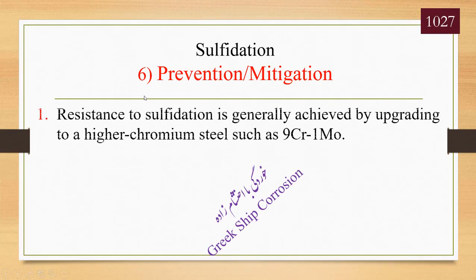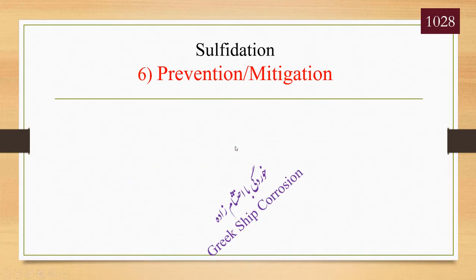6. Prevention and mitigation. 1. Resistance to sulfidation is generally achieved by upgrading to a higher chromium steel such as 9 chromium 1 molybdenum. 2.